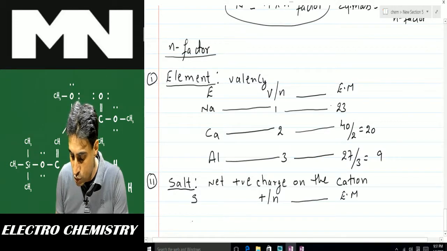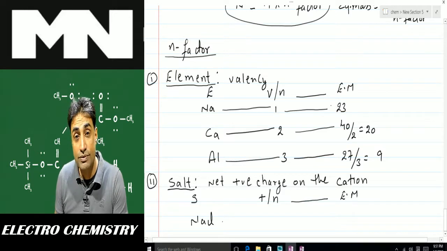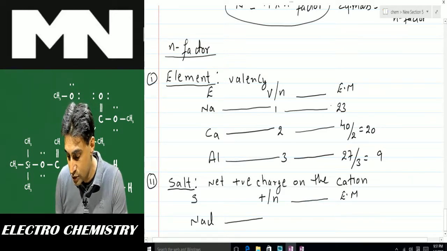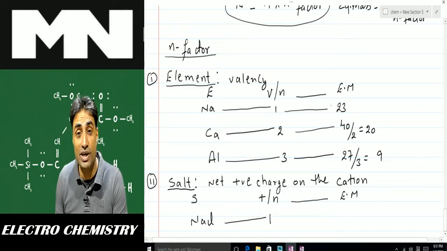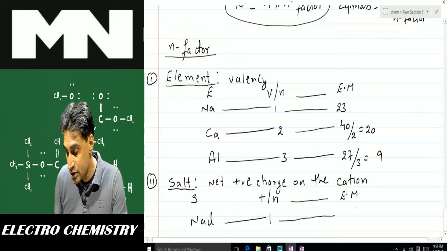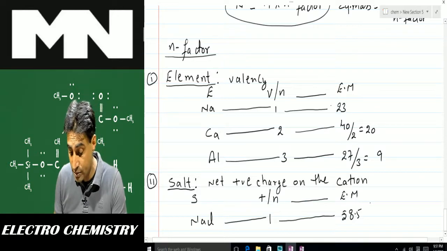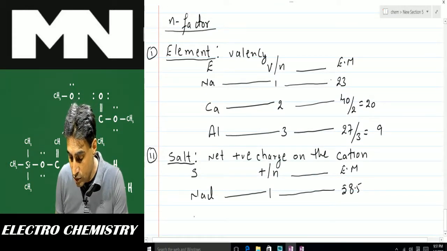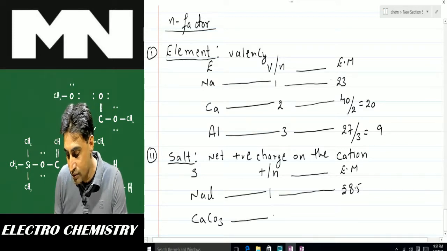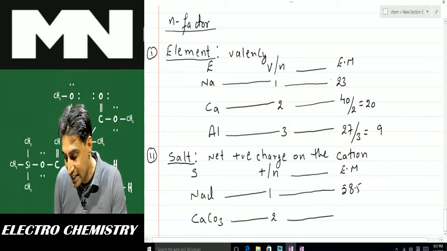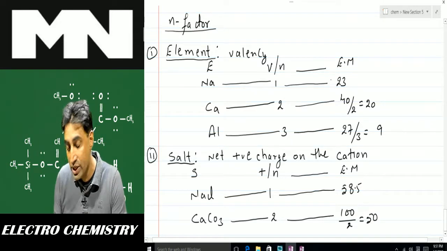Suppose I'm talking about sodium chloride. Here you can say that the positive charge on sodium is 1. So its positive charge is 1, its n factor is 1. The molar mass of sodium chloride is 58.5. So its equivalent mass again is 58.5. If I talk about calcium carbonate, in that case the valency of calcium is 2. So in that case I can say its molar mass is 100, so its equivalent mass will be 50.